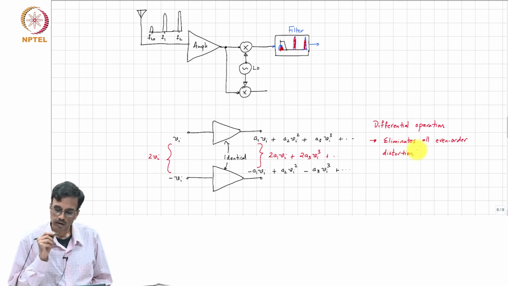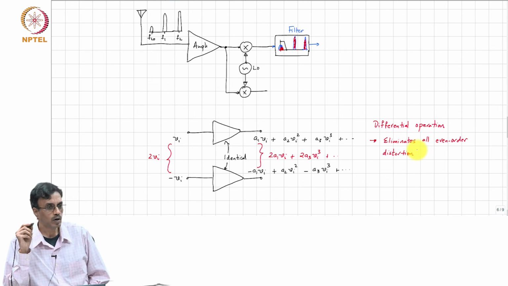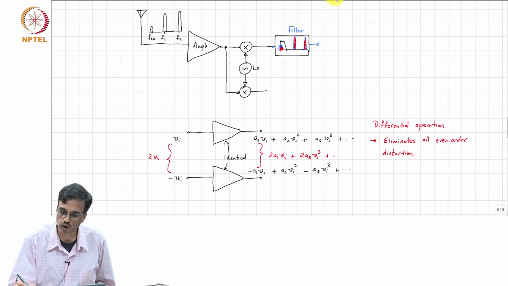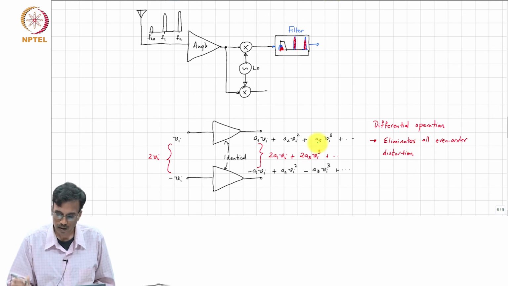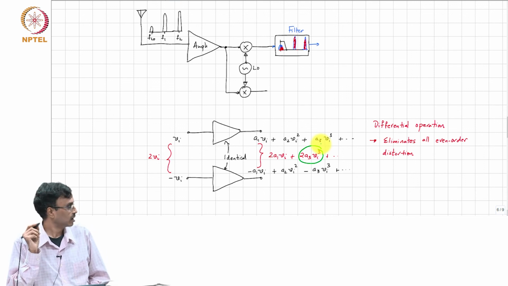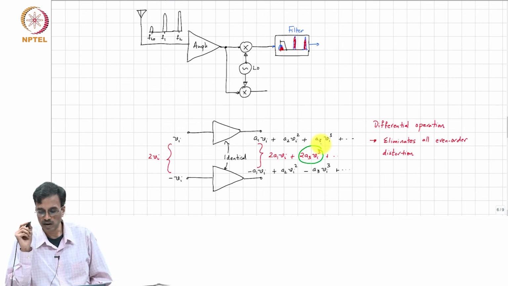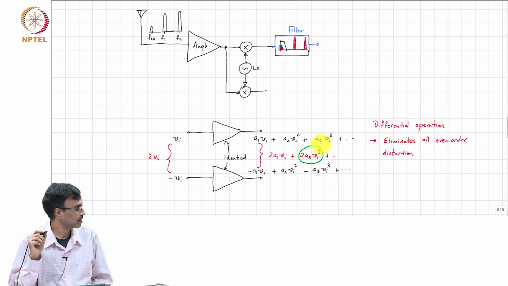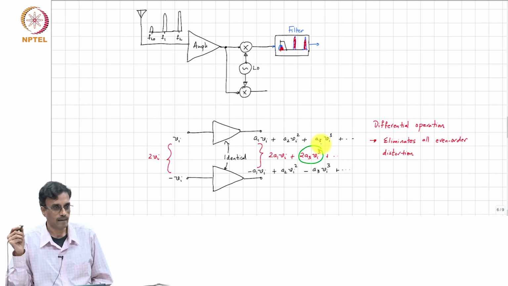So you have to only worry now about odd order distortion, of which the most dominant one is the third order nonlinearity, the dominant component of nonlinearity in many practical circuits which all operate differentially.